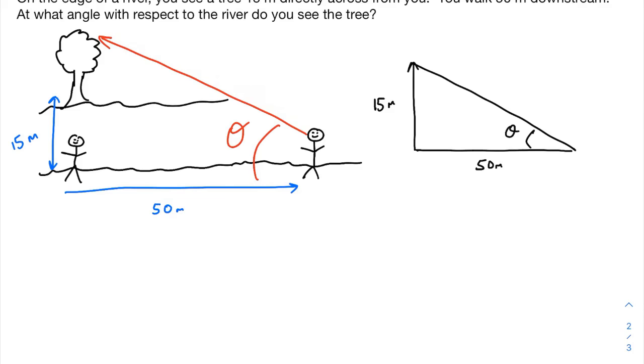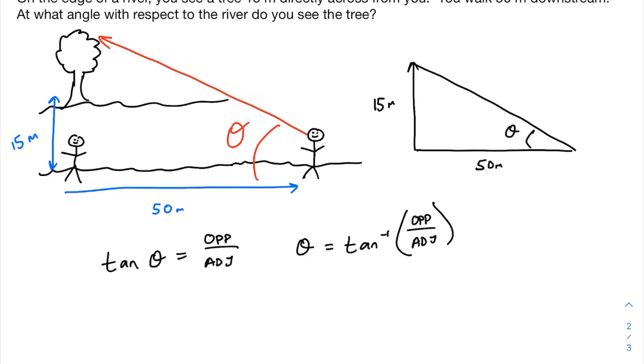So in this situation, I have the opposite side and the adjacent side. Remember that tangent is equal to opposite over adjacent. That's that TOA. And if I do the inverse tangent function of this relationship of opposite divided by adjacent, it would give me the angle.